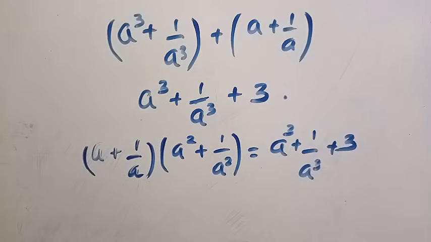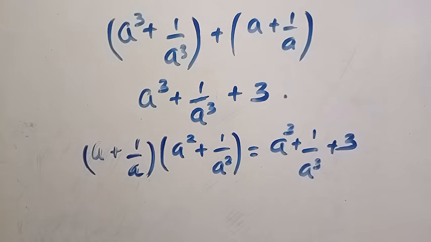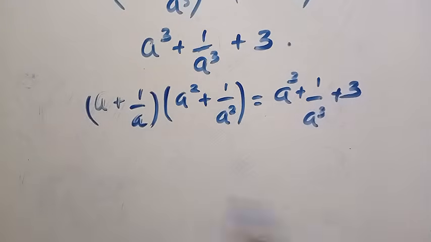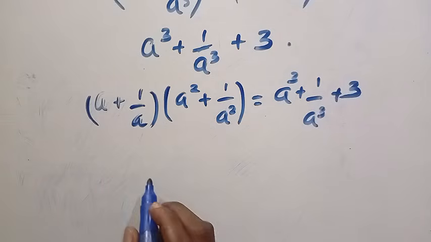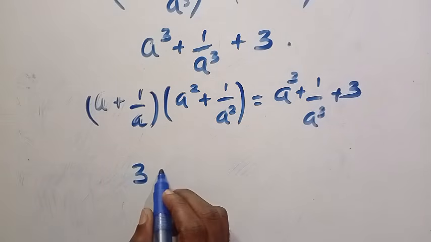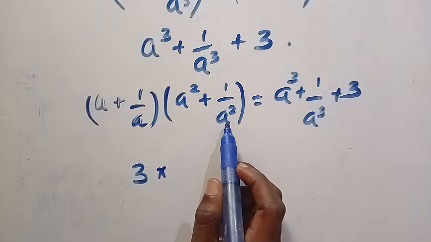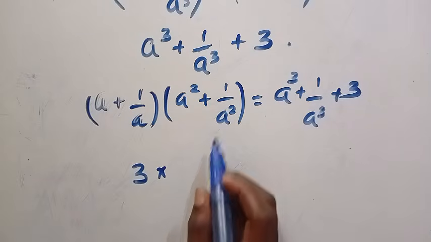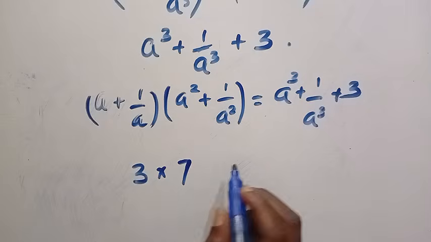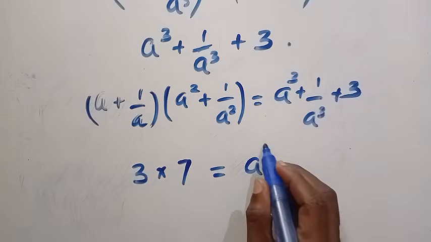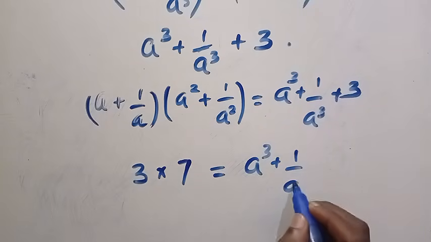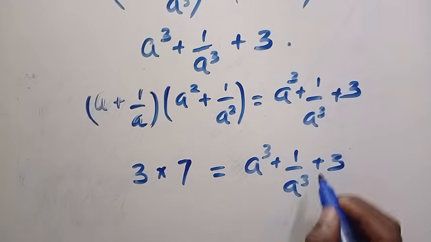Then we recall again that a plus 1 over a is 3, then multiplied by a squared plus 1 over a squared, which we got as 7. Then everything equals a cubed plus 1 over a cubed plus 3.